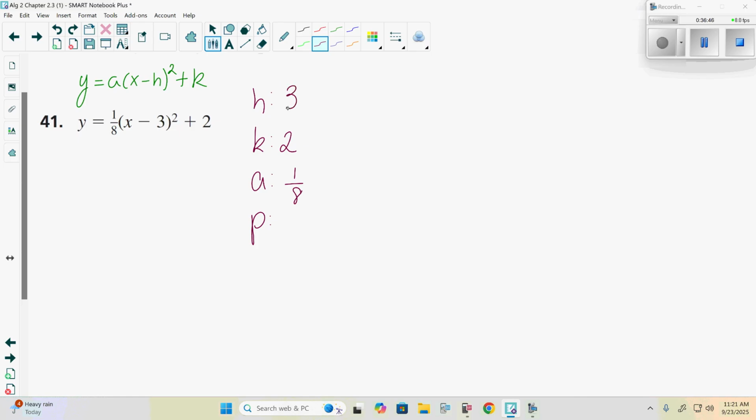Because since it's inside the parentheses, we have that x minus h. In the equation, they gave us x minus 3. X's line up, minus line up, so h has to be positive 3. Well, what's the only value we're missing? P. And according to our equation, A is equal to 1/4P, so P is equal to 1/4A.